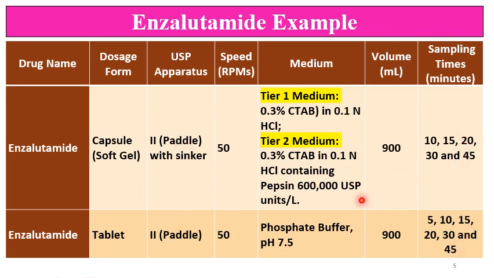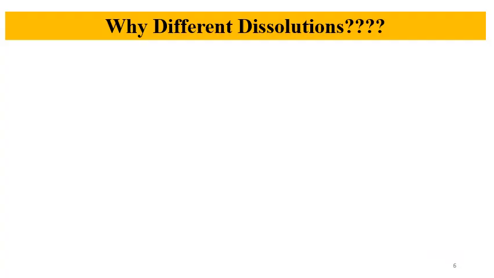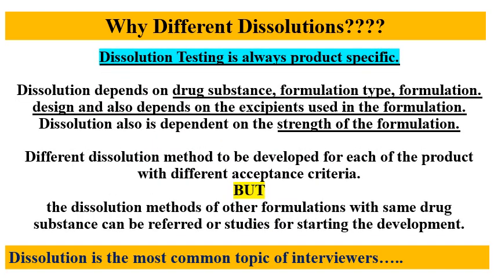So this is a formulation dependent dissolution example. Then you can find other examples from the USP or BP and the other pharmacopoeias, and also from the US FDA's website for dissolutions.